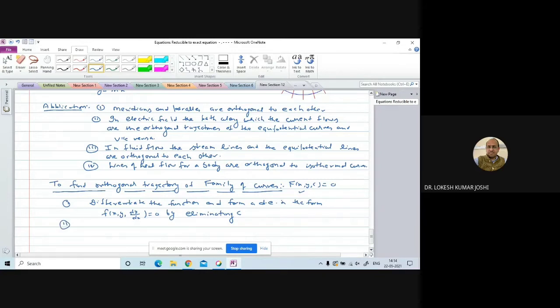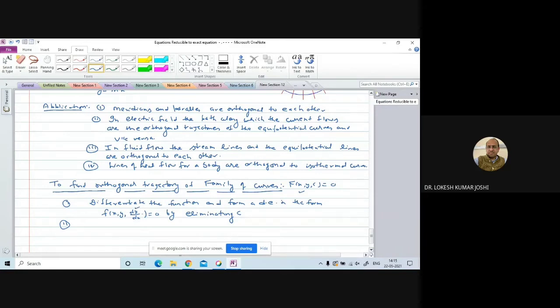Now, what is the meaning of finding a differential equation? Actually, you have to understand what the objective of finding the differential equation is here. If we find the differential equation, what does it mean? We are just finding the slope of the curve, we are finding dy/dx.